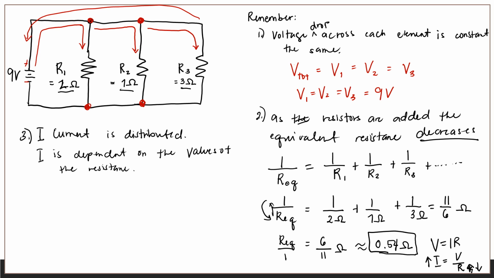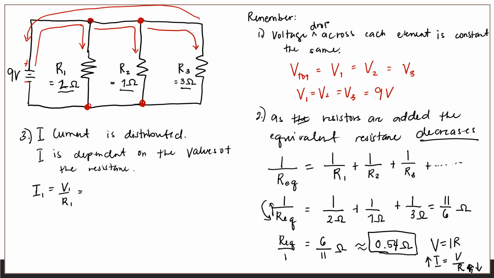Meaning to say, if you want to compute for the current in resistor 1, we must consider the resistance value at that particular circuit element. Using Ohm's law, I is equal to V over R, where V here is the voltage across that resistor and R is the resistance of that resistor.